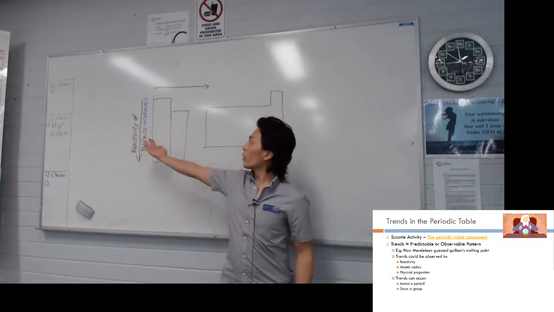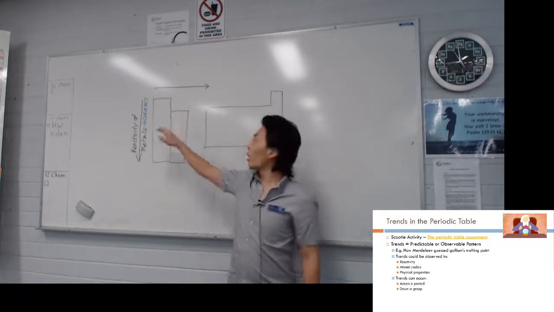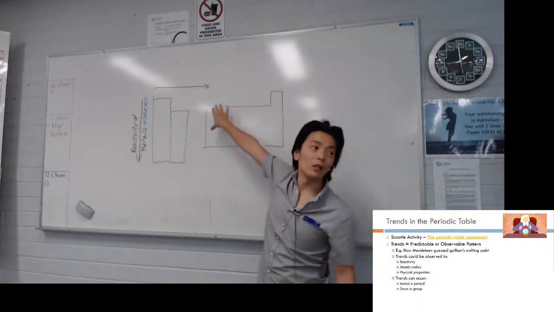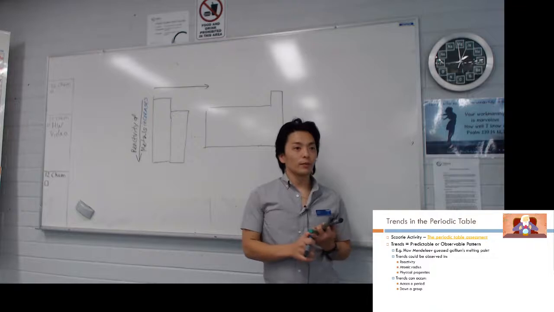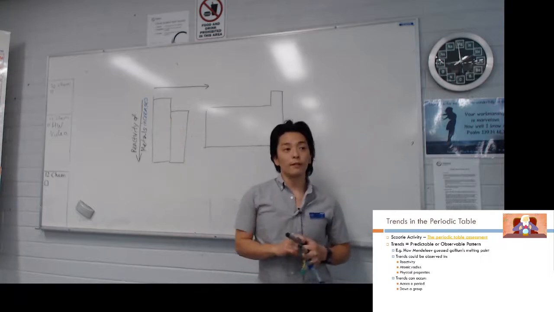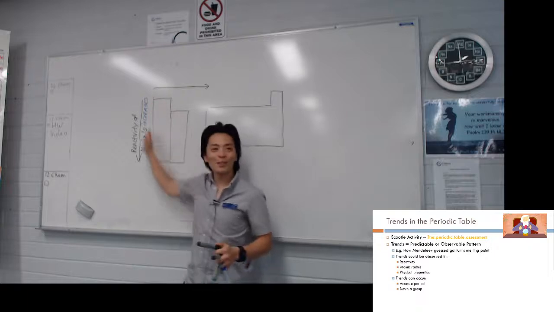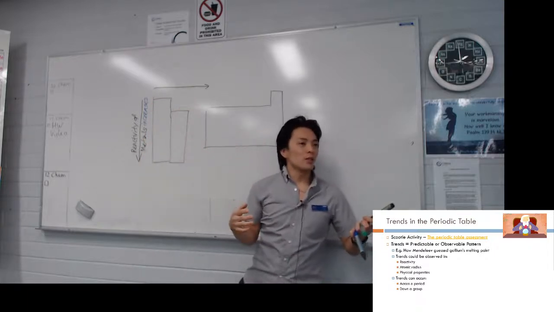If you go to the right, what happens again? So if you go across, looking at, say, lithium, beryllium to aluminum, what happens again, reactivity-wise? Think of which group was the most reactive. Yep, because group 1 is the most reactive, yeah? As you go to the right, it should decrease, yeah?